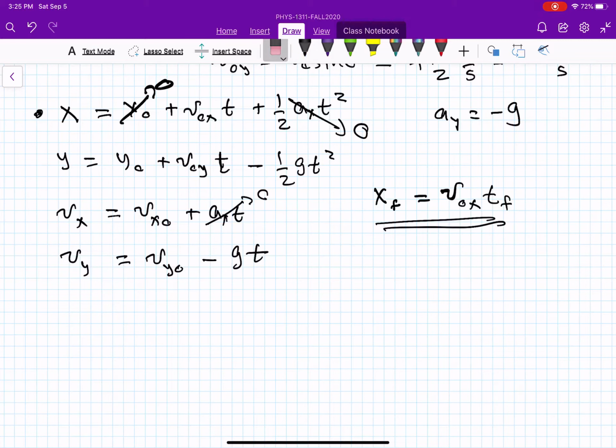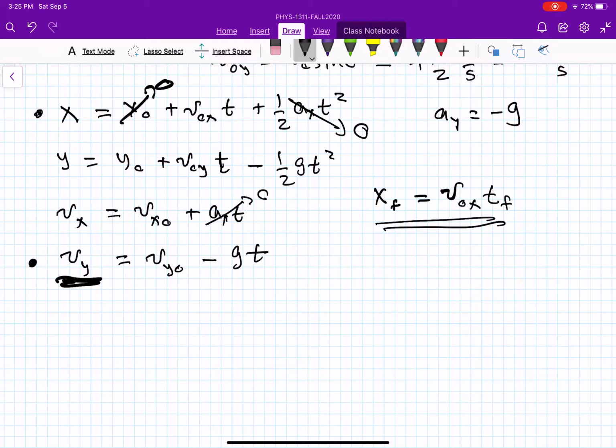So let's look at the other formulas we have and see which ones might be useful. This one here would be useful if I knew what the final velocity was at the final time. And I don't know that. So this one, not so useful.